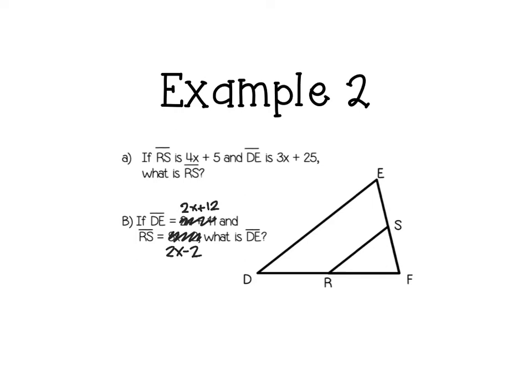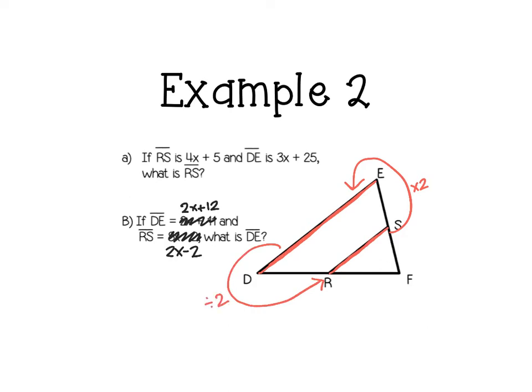So that RS in the middle is a midsegment. I'm going to find the side it is parallel to, which is DE. So RS times 2 has to be DE, and DE divided by 2 has to be RS.